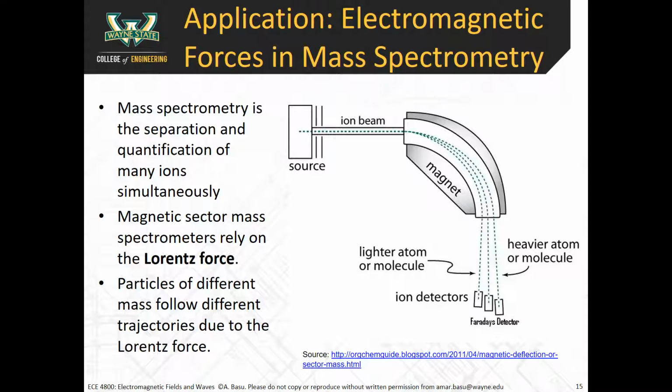For example, nitrogen has a certain mass associated with it, right? A hydrogen ion, like H+, has a charge and has a mass associated with it. You take a mixture and break it up into these small fragments, and each one of those fragments goes into this mass spectrometer, and due to the Lorentz force, they actually travel different paths, and you can quantify each one of those different components in the mixture.